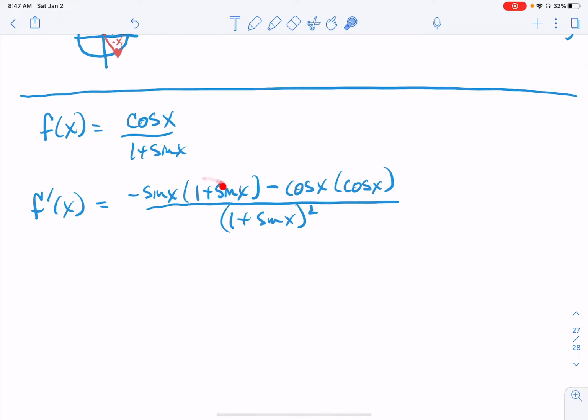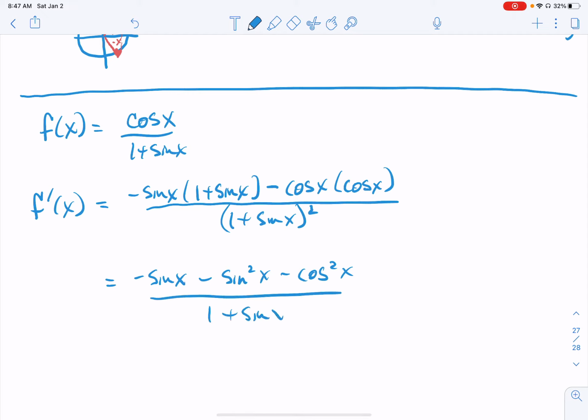We will clean it up by distributing this through the parentheses and then just multiplying these things out. It looks like some nice things are just about to happen. Negative sine x, minus sine squared x, and then minus a cosine squared x, over 1 plus sine x squared.